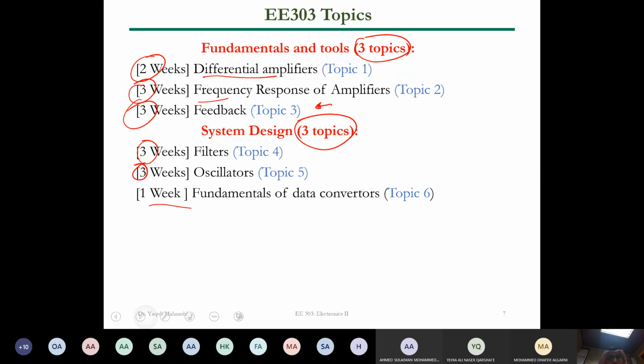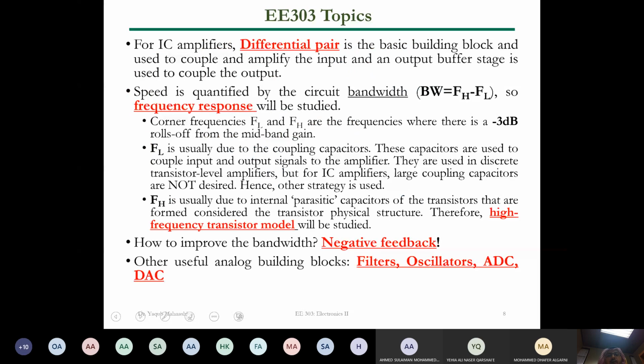Okay. This slide is for you guys to link the topics to each other. I needed to go over this slide in detail, like what it means and why we are studying, for example, the frequency response.